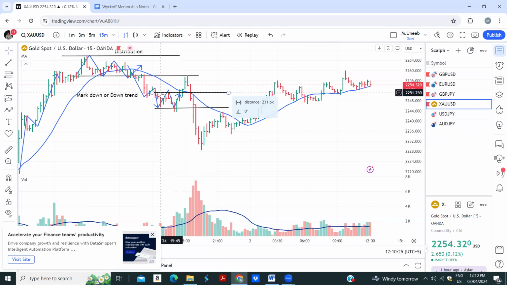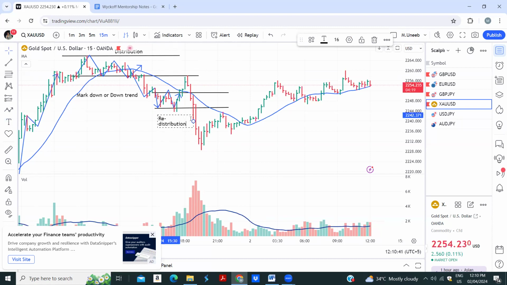The price is in equilibrium, and so the price is moving in a ranging market, or in a consolidation, or sideways market. So we call this phase redistribution.